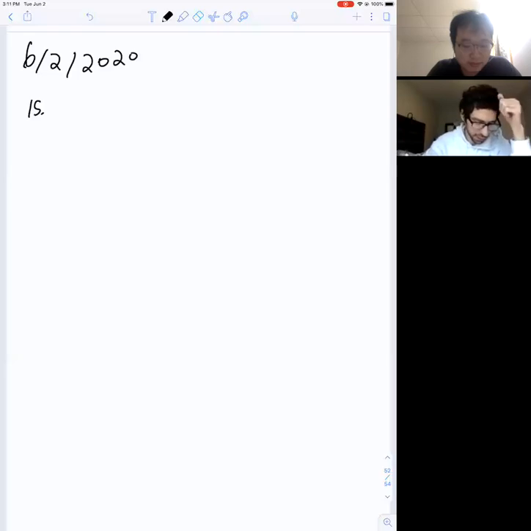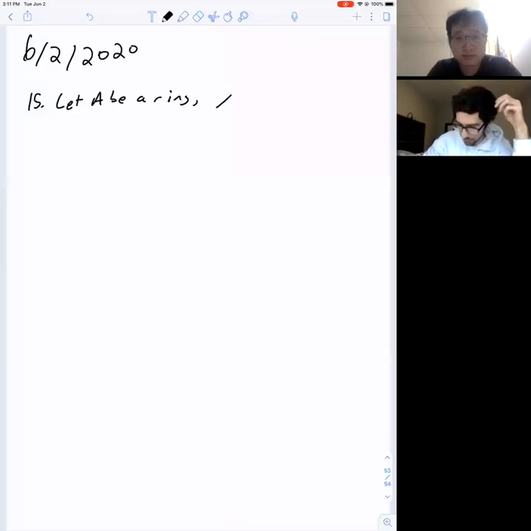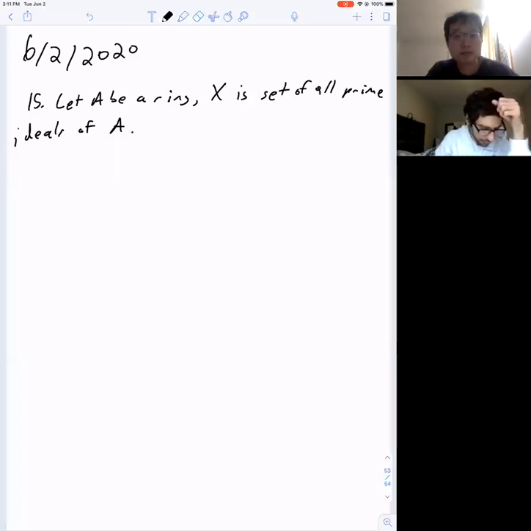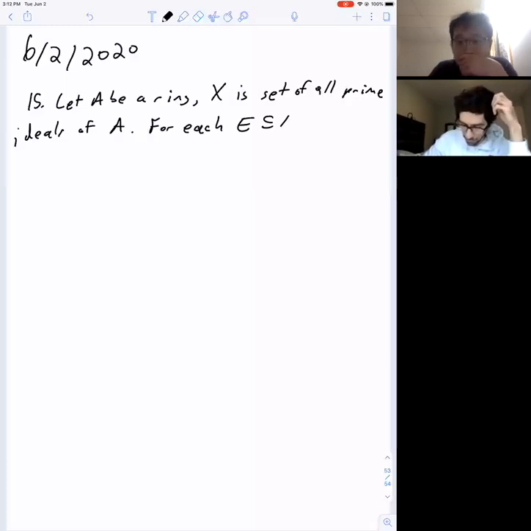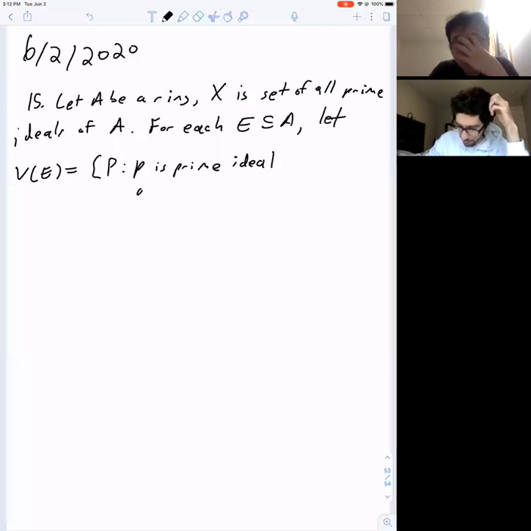This is from the textbook, and it says, let A be a ring, X the set of all prime ideals of A. And then for each subset E of A, let V(E) be the set of all P such that P is a prime ideal and E is contained in P. Okay, so we have to prove some things.